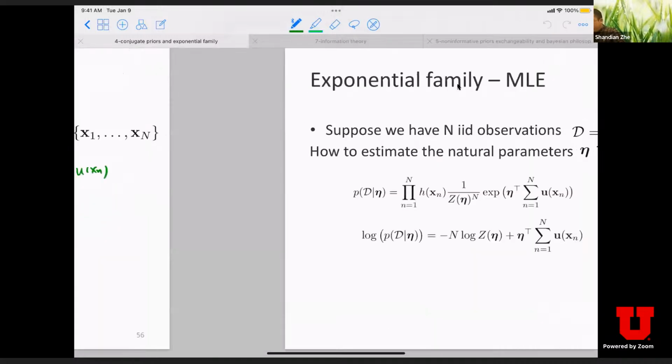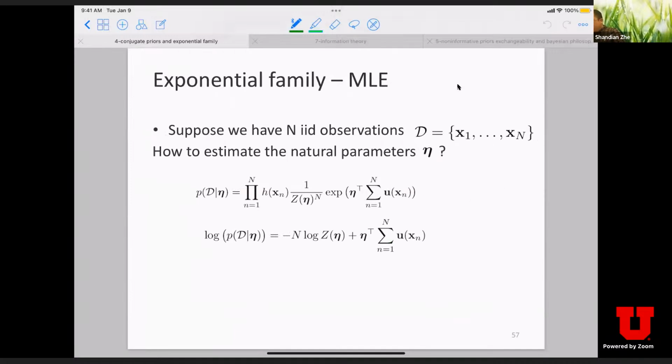Then you take a logarithm, and because h of xn is constant with respect to eta, you can just throw it away. So you take a logarithm, it gives you minus n log Z of eta, and the log and exp cancel. Then you have eta transpose times the summation of the sufficient statistics over the big N examples. Next, we set the gradient to be 0.